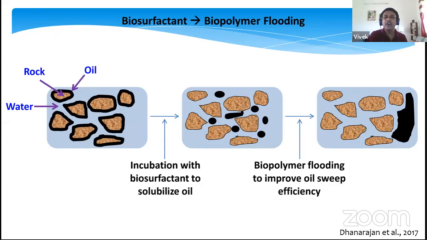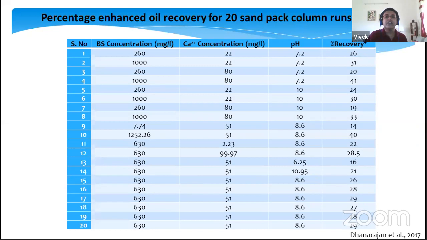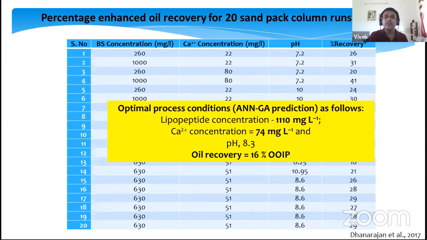Okay, so in all these trials, we carried out different runs under different concentrations of biosurfactant and calcium chloride, changed the pH, and studied the recovery. We did CCD runs, the central composite statistical approach, and then used ANOVA for predicting what maximum recovery we can achieve.